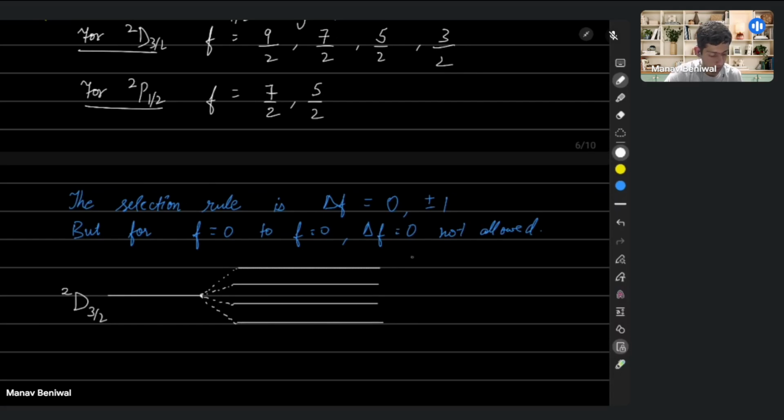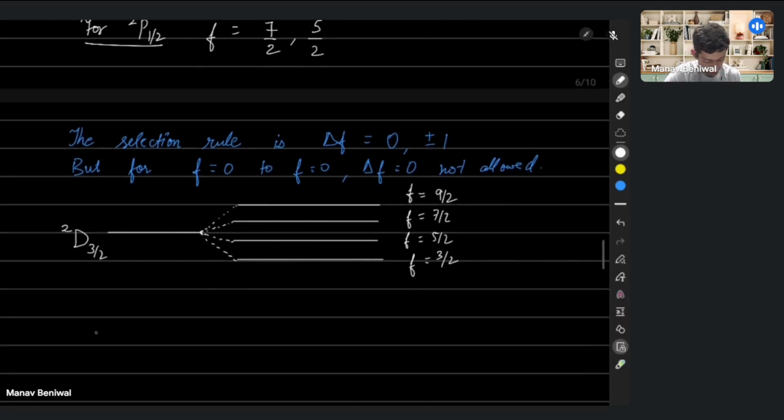And these are different values of F: 9/2, 7/2, 5/2 and 3/2.